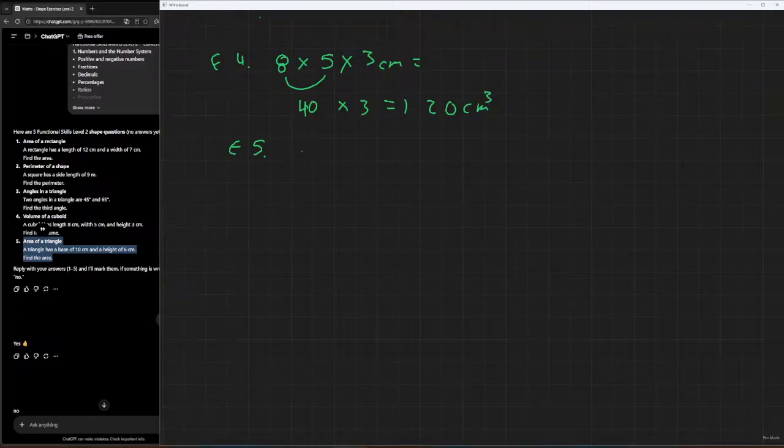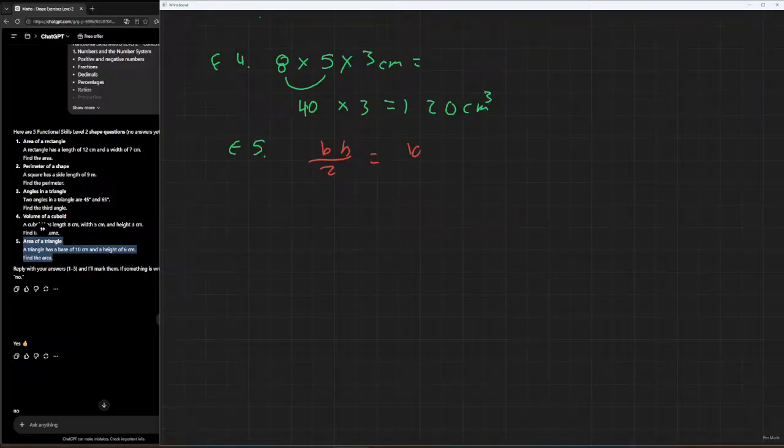Alright, so we are talking about the area of a triangle. The triangle has a base of 10 centimeters and a height of 6. Find the area. You need to know this formula always: base times the height divided by 2.